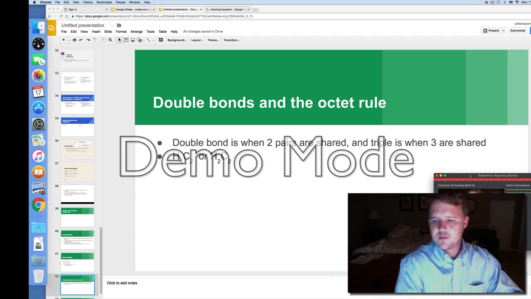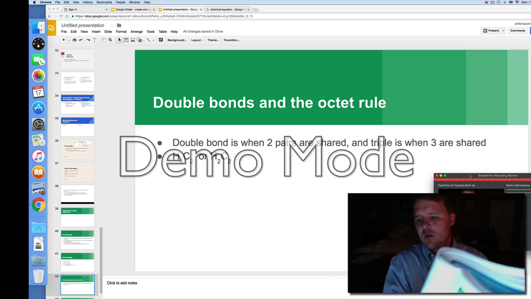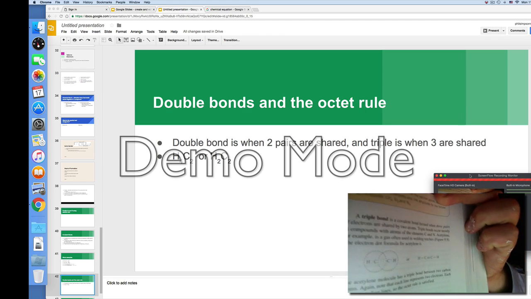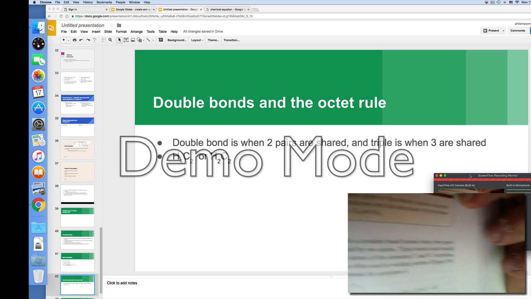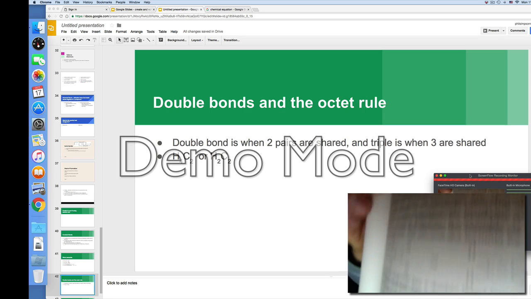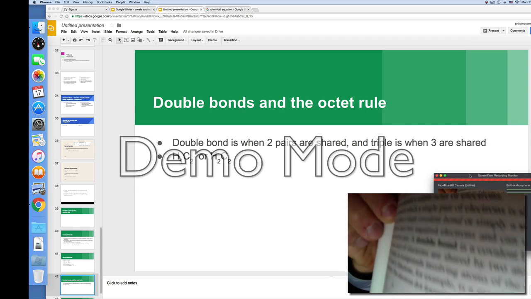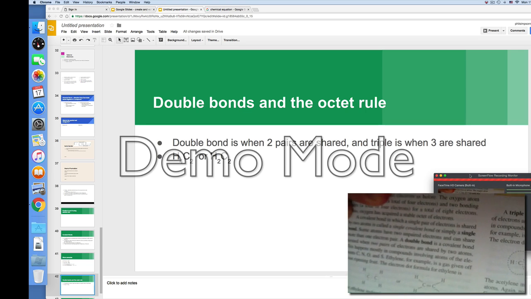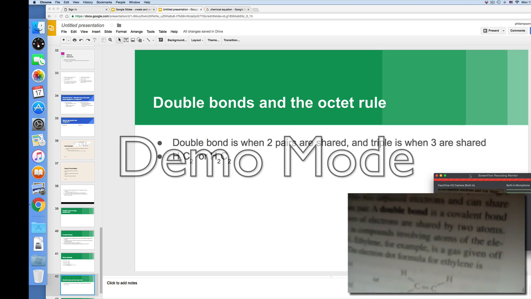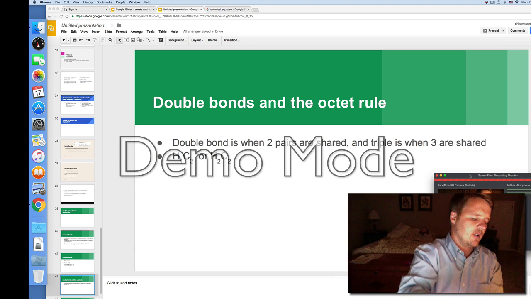Hate having to lift up the book to show you, but guess what? Let's see. Right there. Gosh, joke.